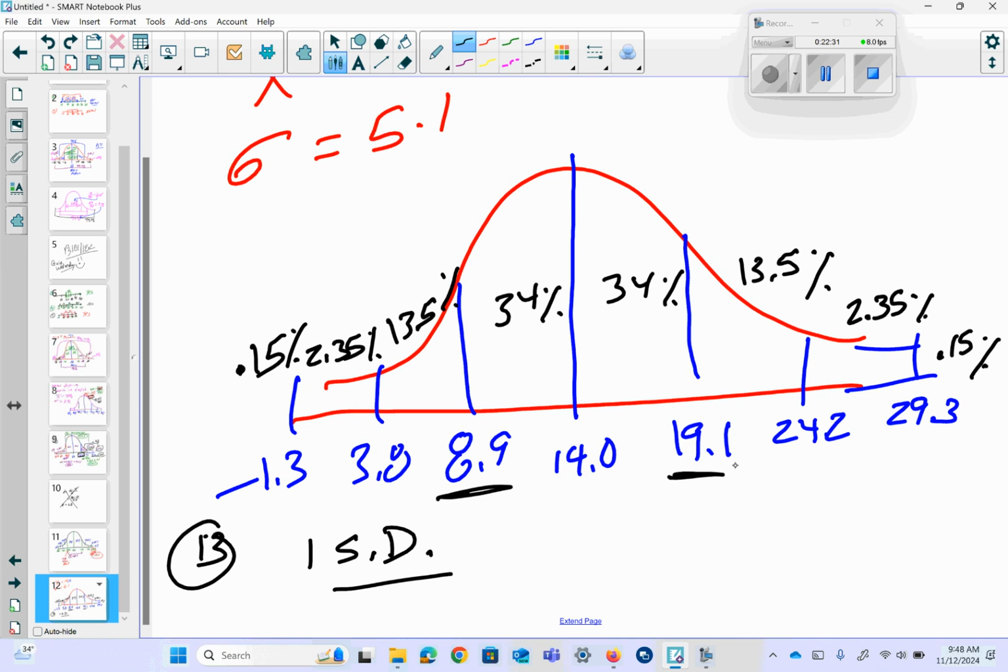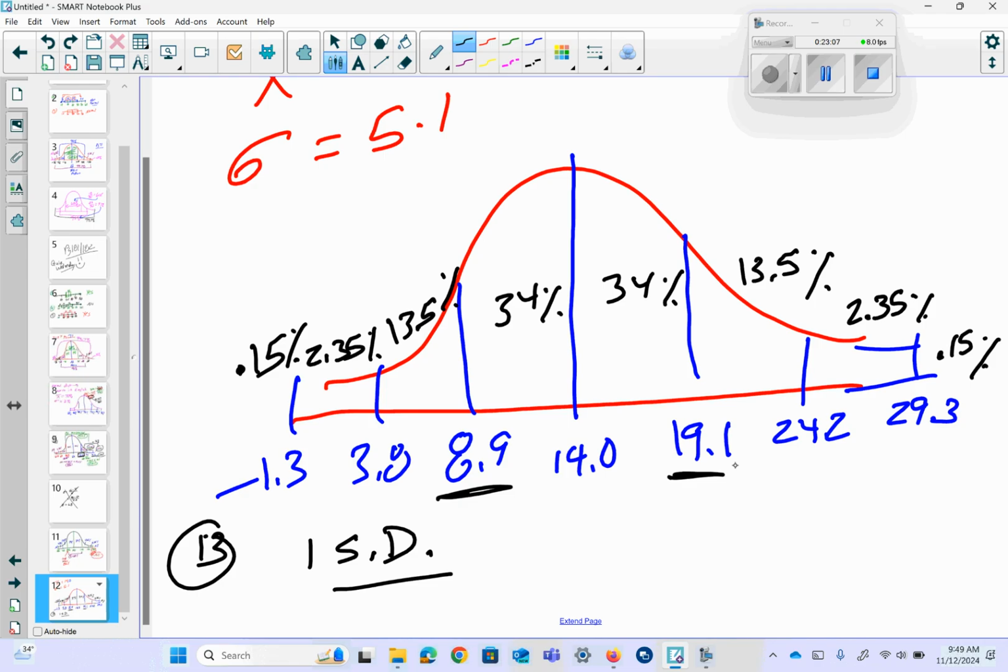What percent of the data lie within 2 standard deviations of the mean? We're not answering 95%. So we're going from 3.8 to 24.2. Now I have 20 out of 22.